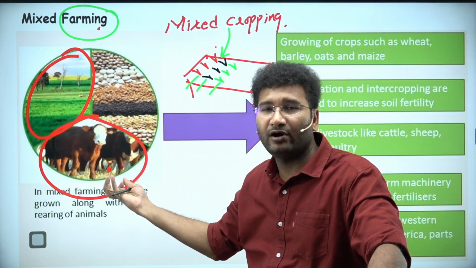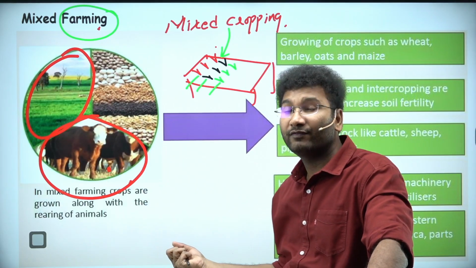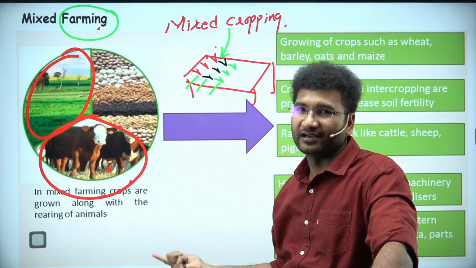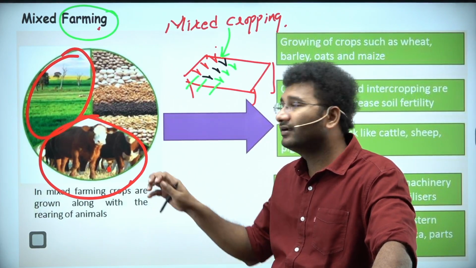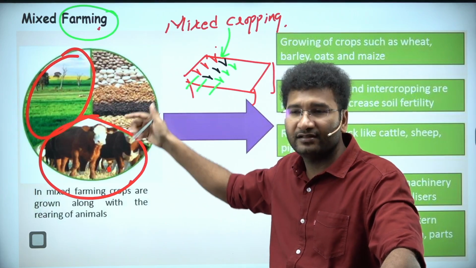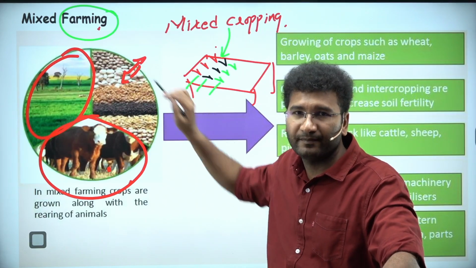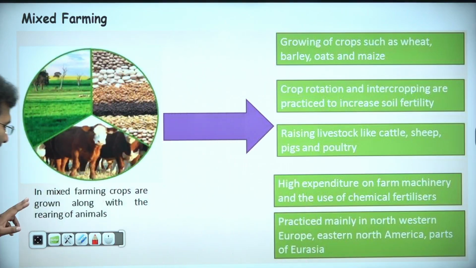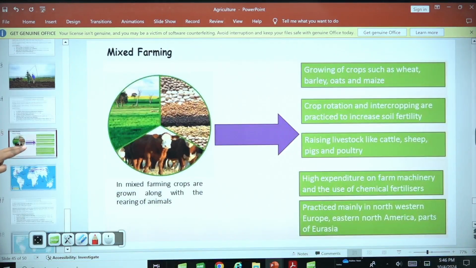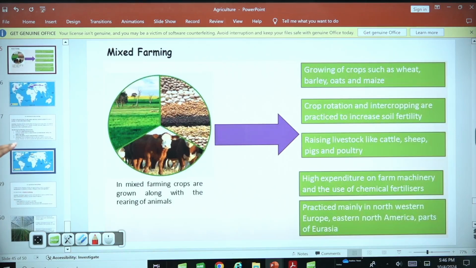At the same time, the output of the product which you got from the dairy, you sell outside. This is called mixed farming, where animals and sometimes you also grow fishes in it. That is your mixed farming, right? This is what you need to know, right? I'm sorry that I've used the word for mixed cropping and mixed farming as same. They are 2 different entities.